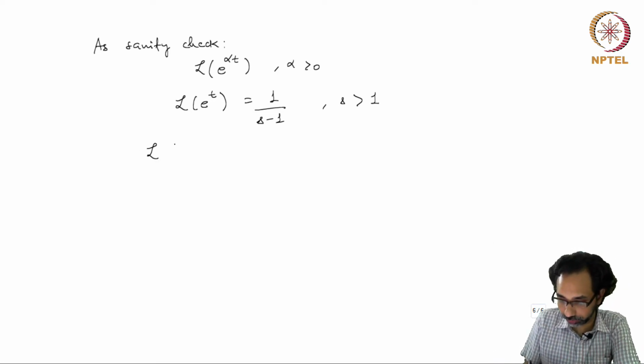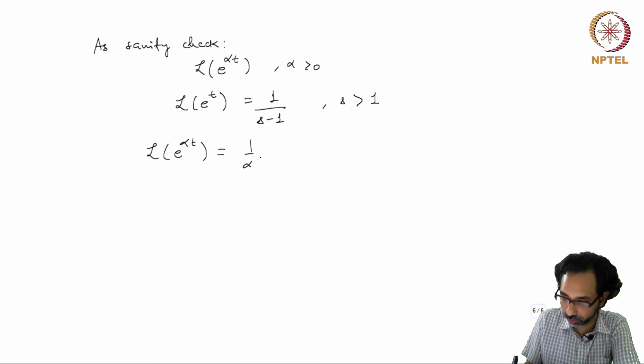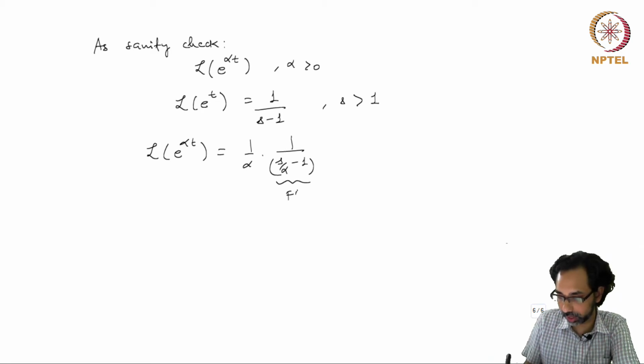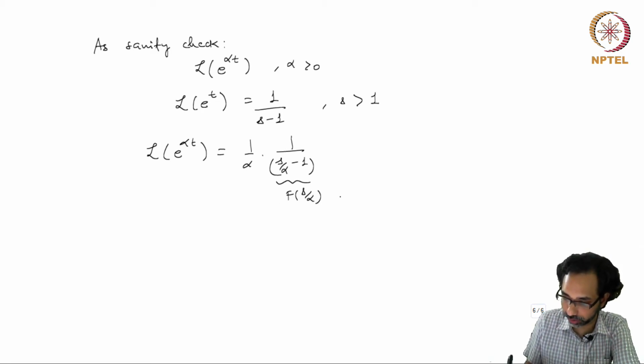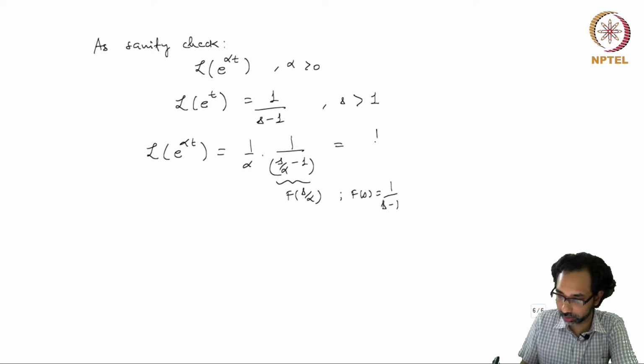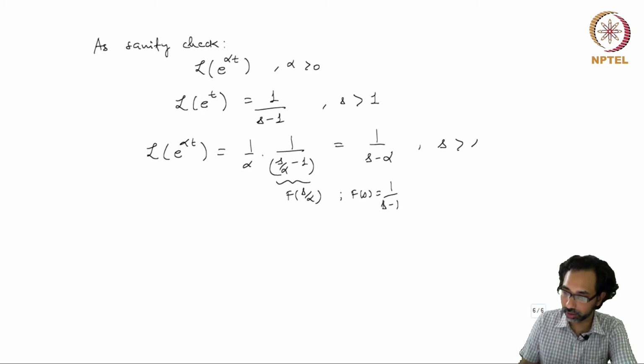So in terms of our change of scale formula, the Laplace transform of e to the alpha t should be 1 over alpha times 1 over s by alpha minus 1. So this is just f of s by alpha, where f of s is 1 over s minus 1, and this is just 1 over s minus alpha, and the region of convergence is s greater than alpha times 1, this is alpha.